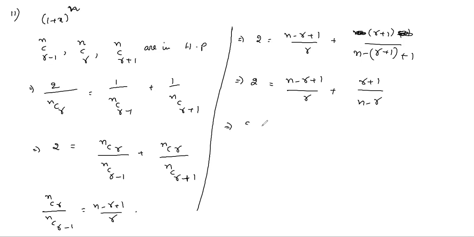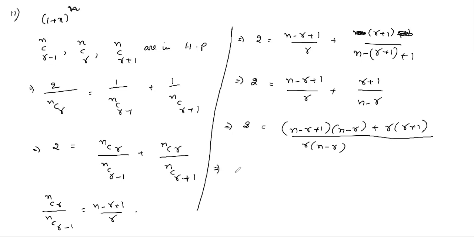So 2 equals, by simplifying, r into n minus r: n minus r plus 1 into n minus r plus r into r plus 1.